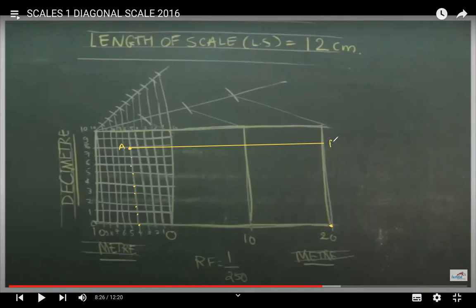So this is AB. So AB is 24.8 meter. Then what you have to do? You have to draw this AB outside. You have to show 24.8 meter.